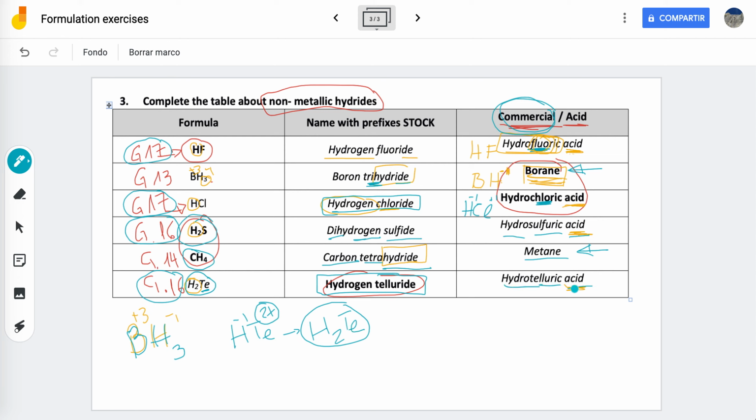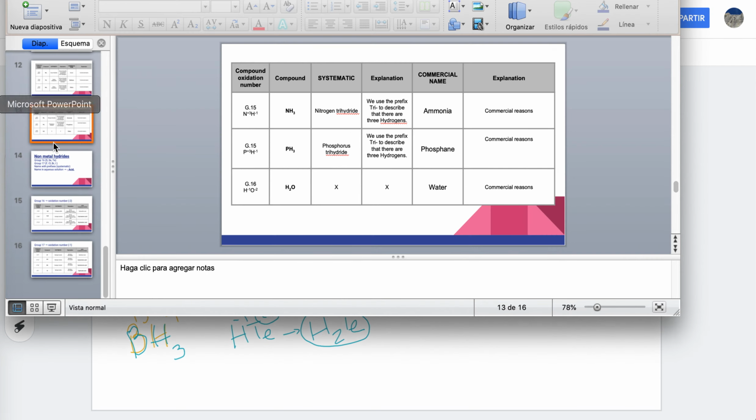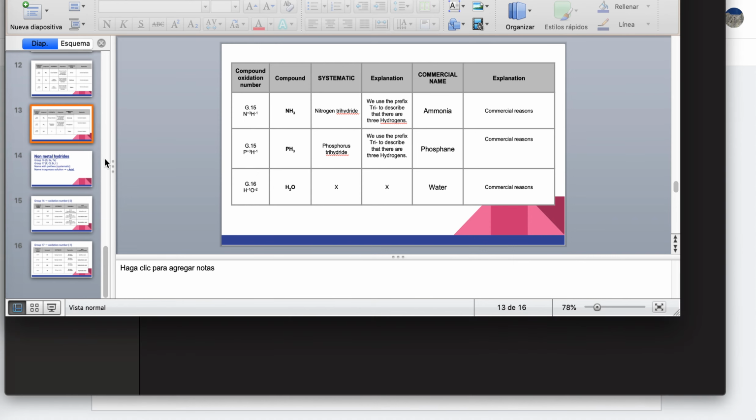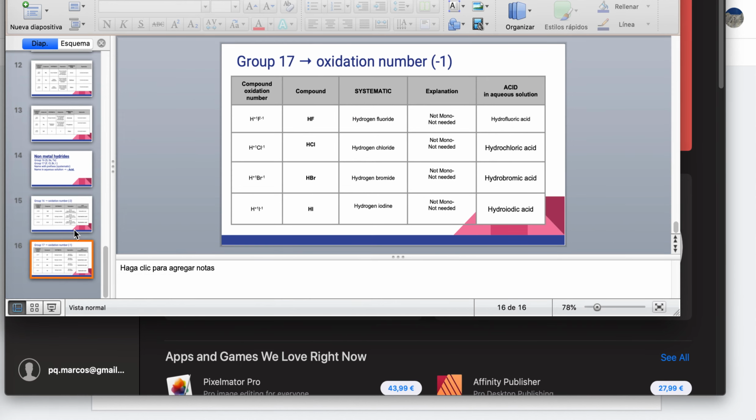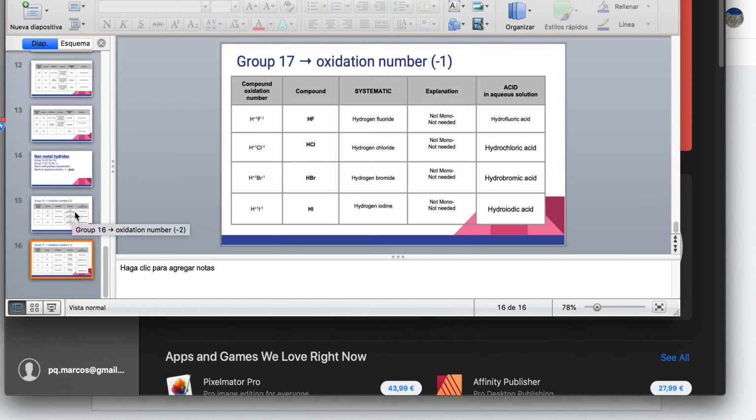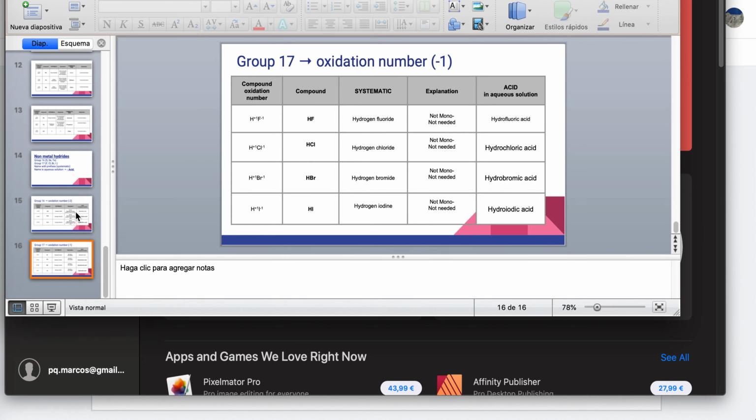Hydrotelluric acid. Yes, like in here. Hydrotelluric acid.